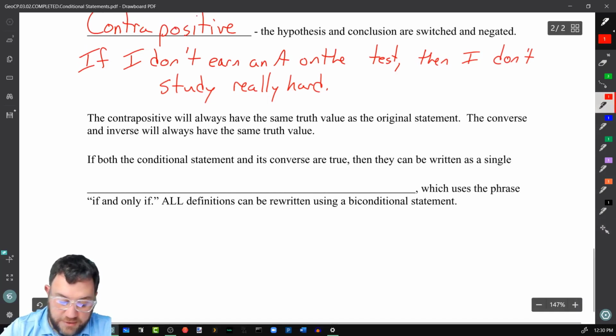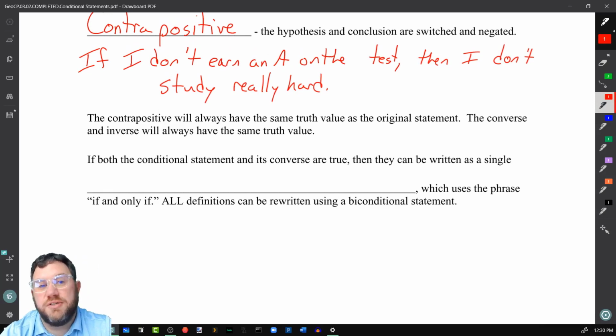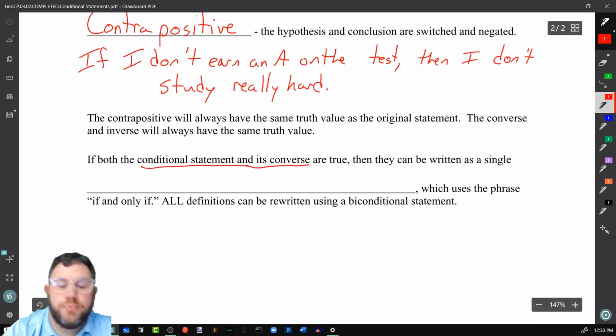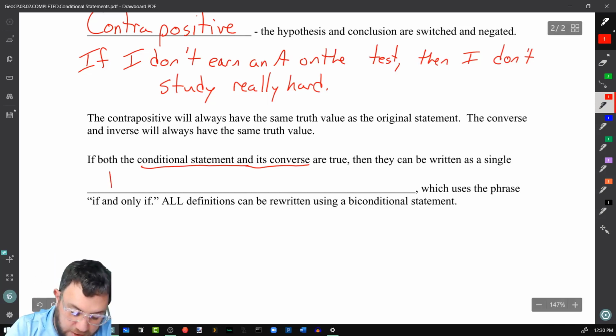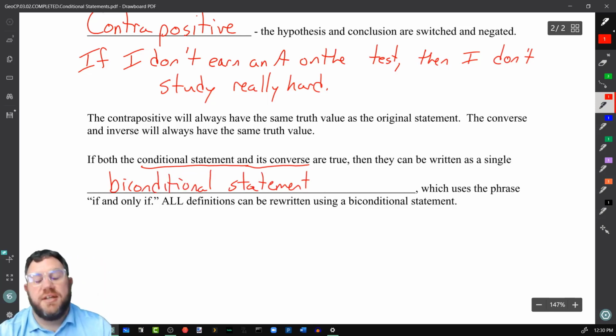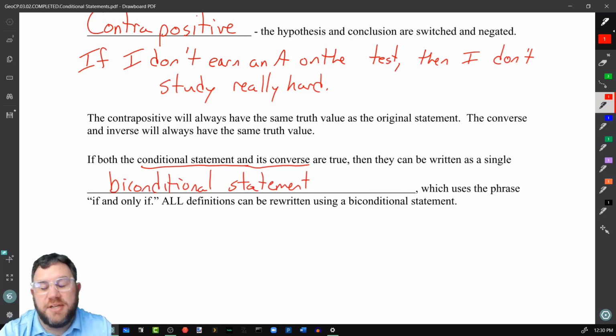Now, one other thing, if both the conditional and its converse are true, then it's what we call a biconditional statement. And we call them that because it can work either way. So it can be if hypothesis then conclusion, or if conclusion then hypothesis.